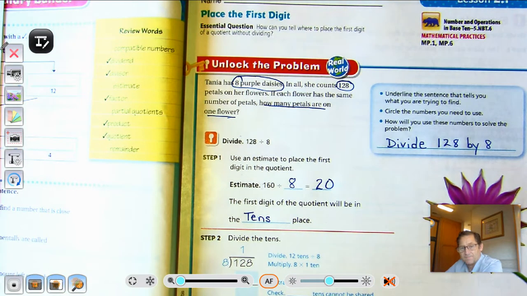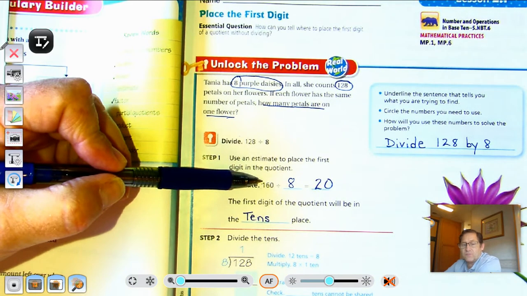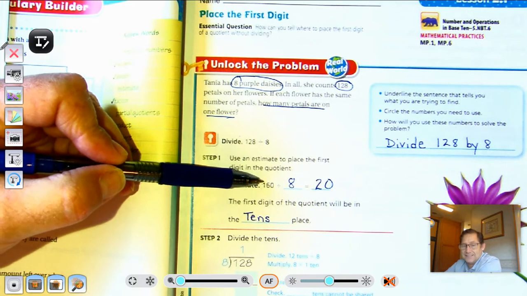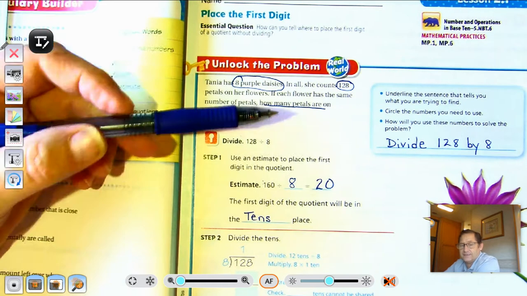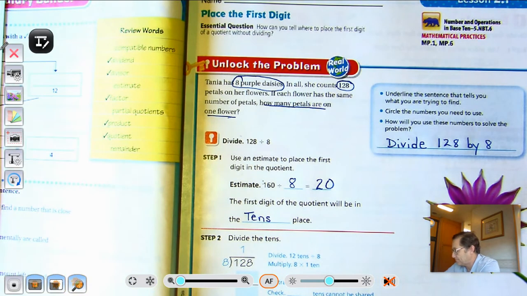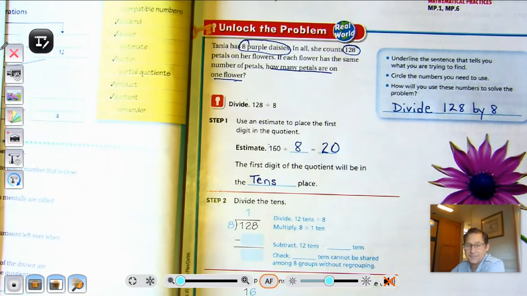I think I misspoke. We cannot share 100 equally among 8 groups, but we can share 16 tens into 8 groups. All right, so the first digit has to be put in the tens place.